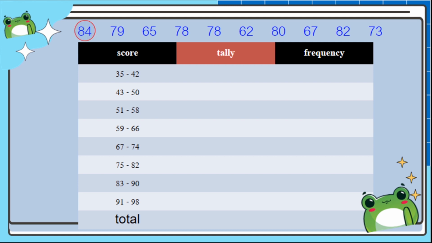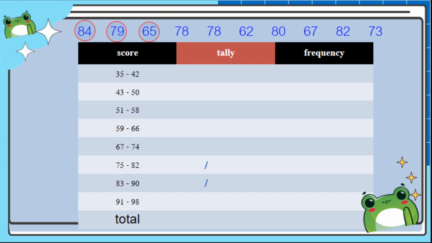For the first score, 84. 84 is a score between 83 to 90. So you give 1 mark in this row in the tally column. And next, 79. 79 is a score between 75 to 82. So you get 1 mark.